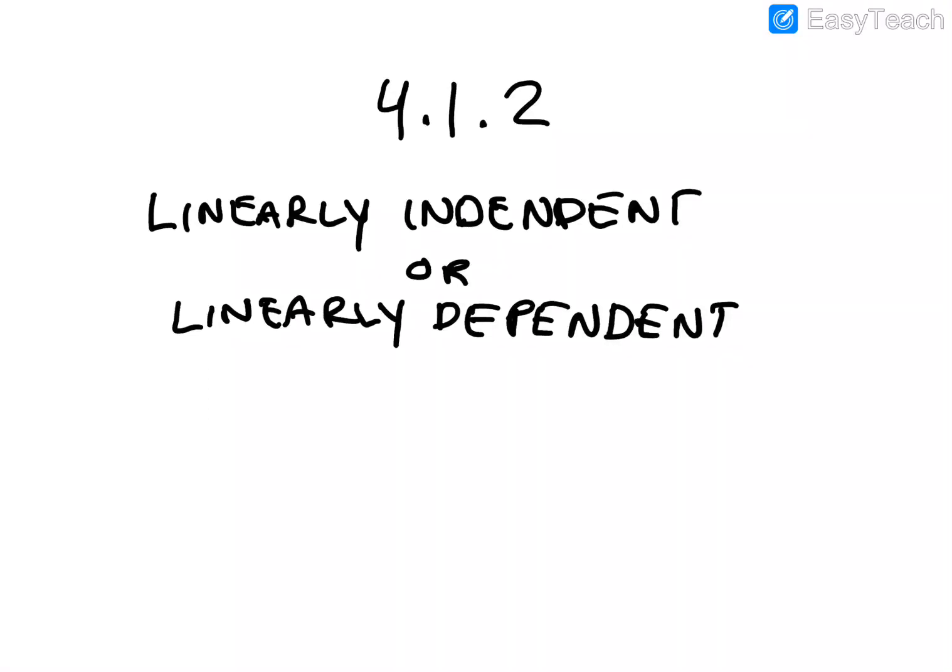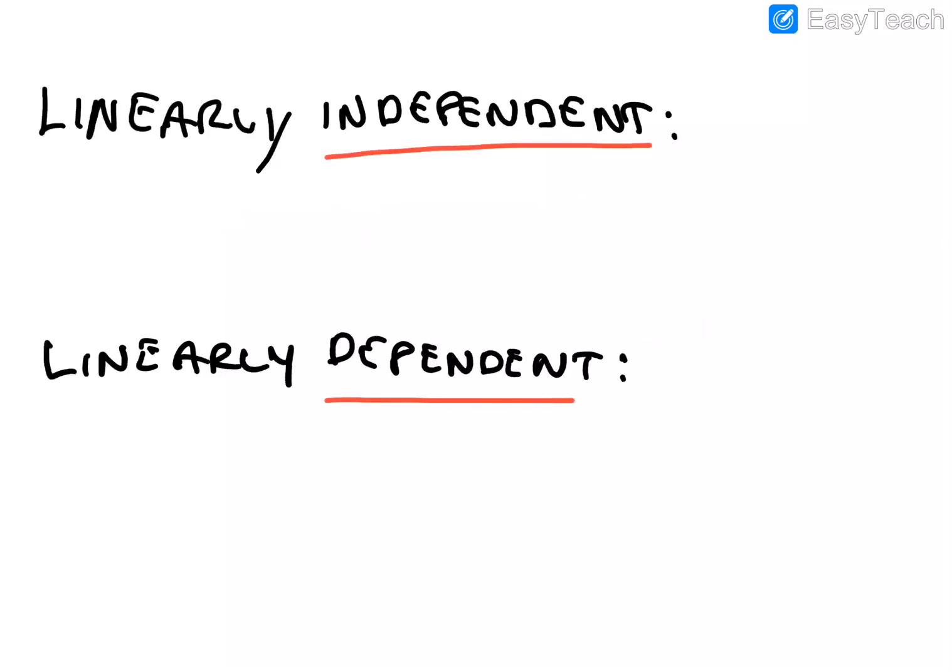So today we're going to be talking about linearly independent or linearly dependent differential equations. So what does it mean to be linearly independent or linearly dependent? Well, to be linearly independent basically means that your functions are not on the same plane.